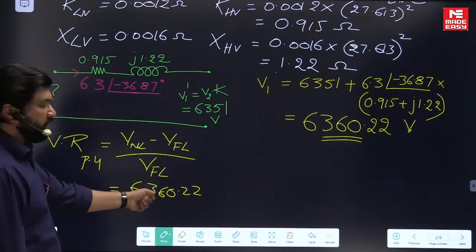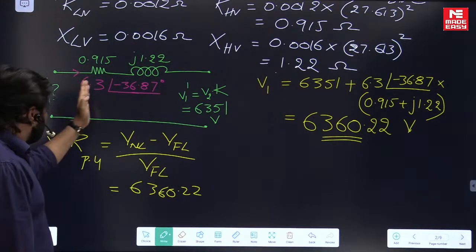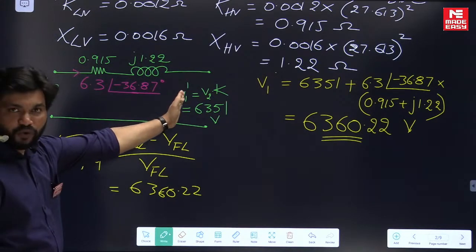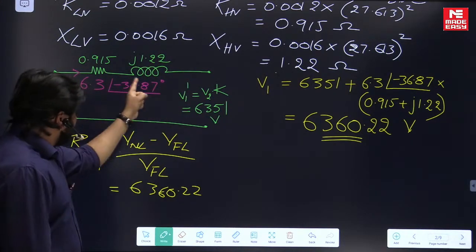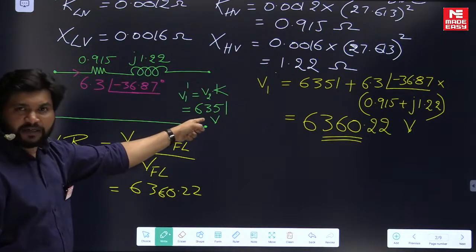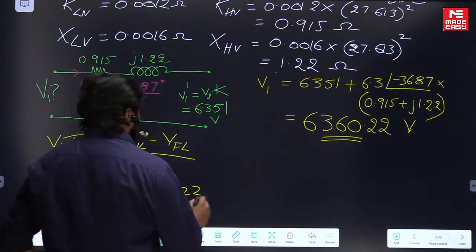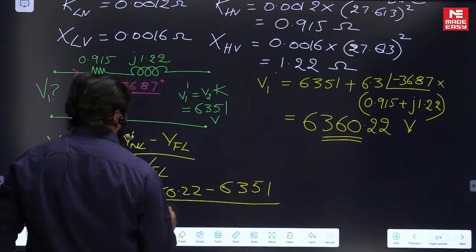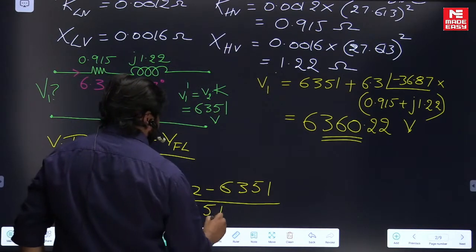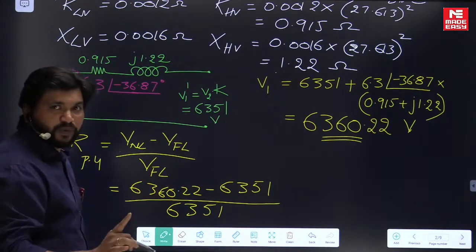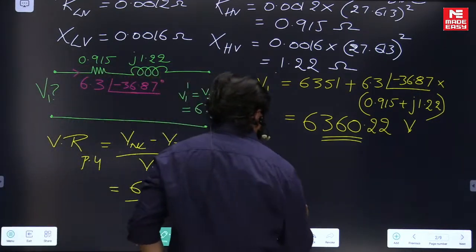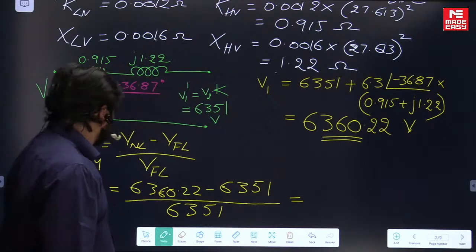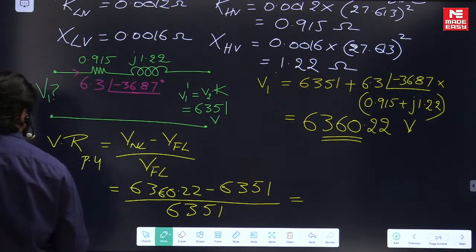On no load, that's the voltage, because this voltage is exactly here on no load. With load, when current flows, there is a drop and the voltage will be that. That's the meaning. Minus 6351, by 6351. Full load voltage means rated voltage always. The value is, better we make it a percentage.